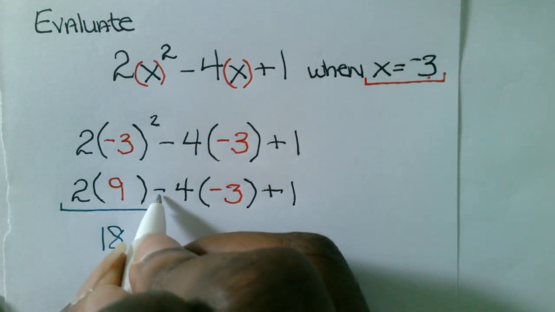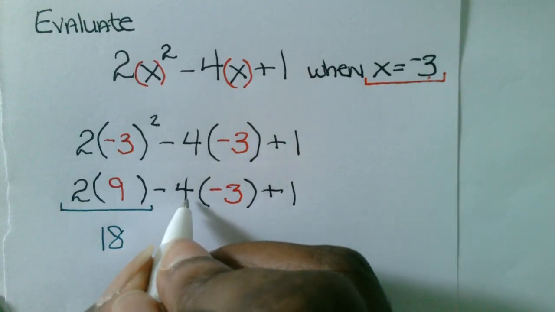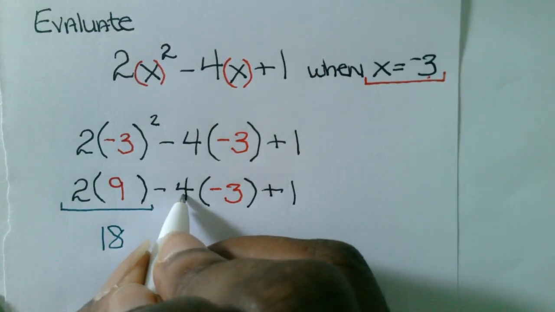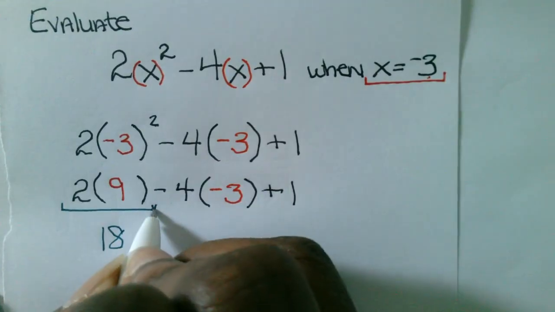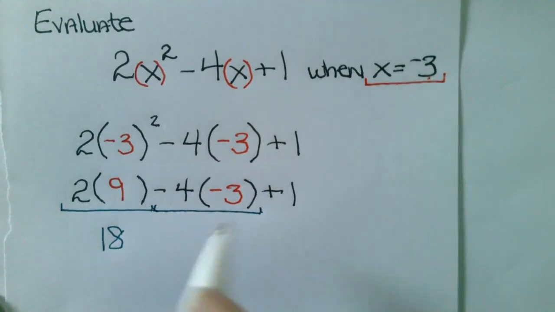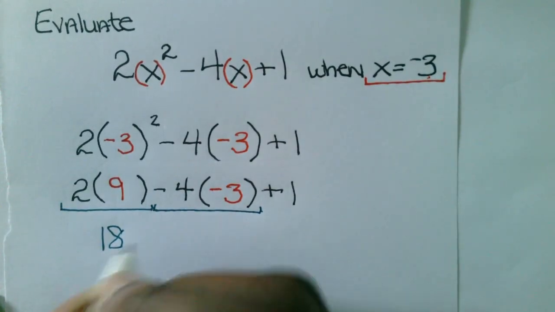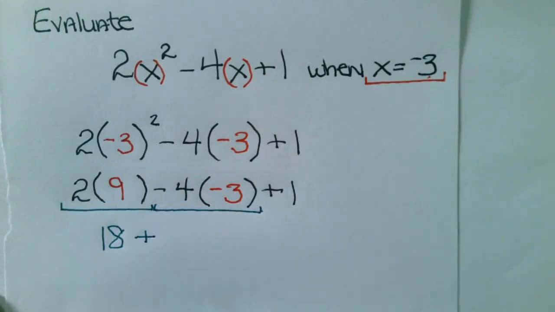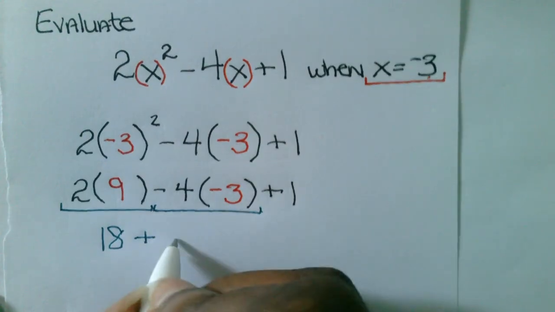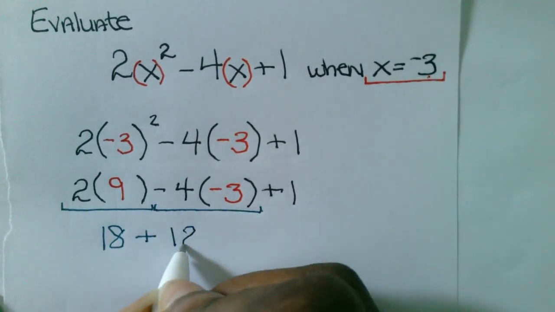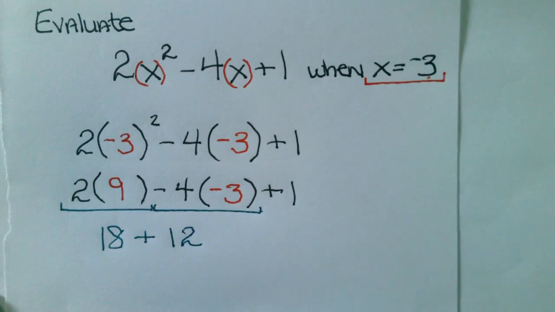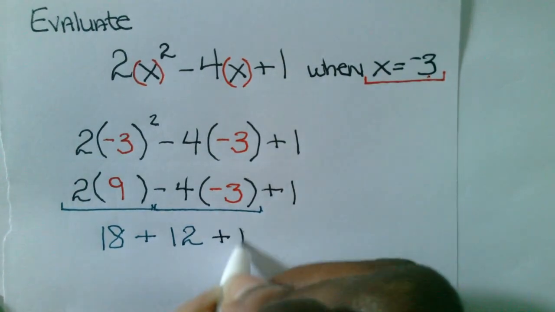This minus sign is acting as a negative for the 4. So you're actually looking at -4 times -3. A negative times a negative gives me a positive. We got that engraved in our heads. 4 times 3 gives me 12. Now we can bring down the +1.